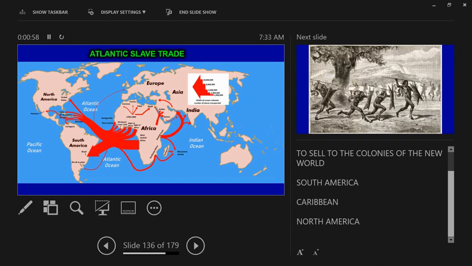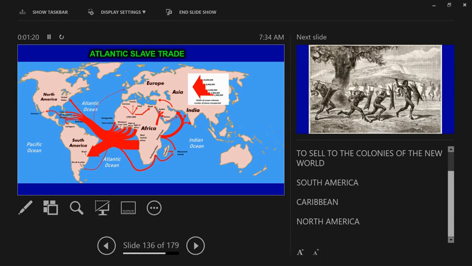When I started getting ready for talking about this sort of stuff in art history, I kept coming across this slide right here, this map, and I think it shocked me the first time I saw it.